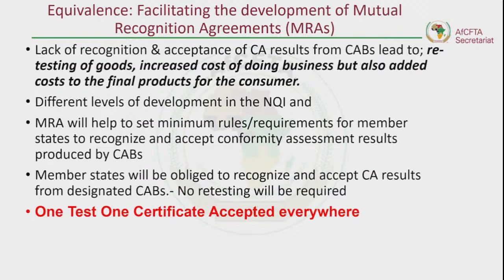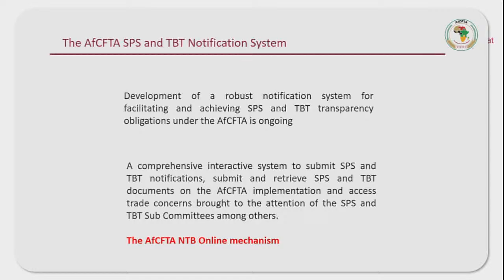Since state parties will be obliged to recognize and accept the results from designated conformity assessment bodies, that will therefore mean that consumers and exporters do not need to retest their commodities. So the principle of one test, one certificate accepted everywhere. This is what we are moving towards.